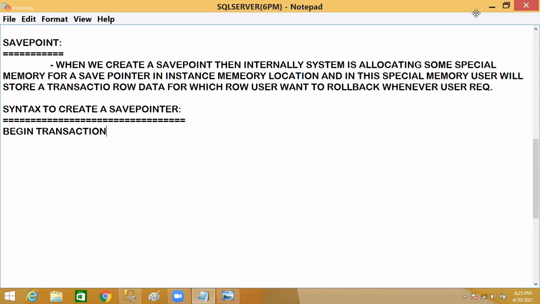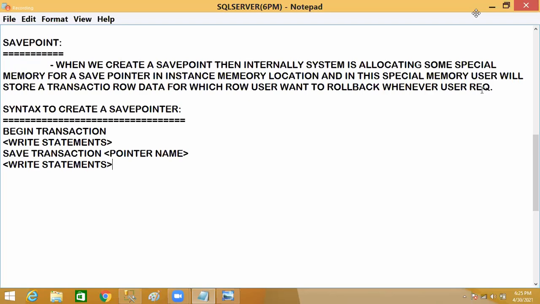Begin transaction, and now write your statements, and after that create your save transaction, and here I want to give the savepoint name. After this save transaction, again I'm writing statements.